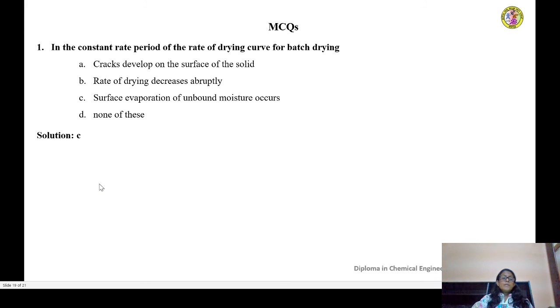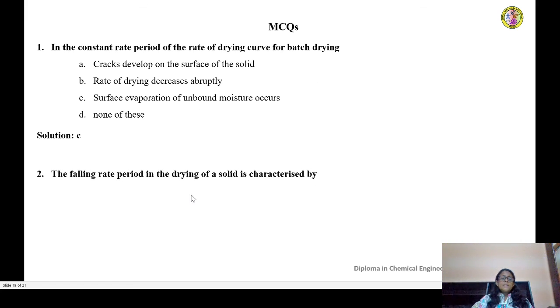So what do you think is the right answer? Okay, the right answer is C. In the constant rate period of drying for batch drying, surface evaporation of unbound moisture occurs.